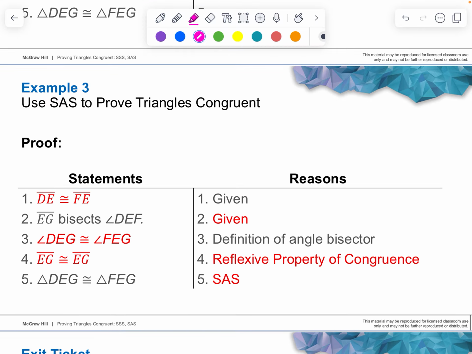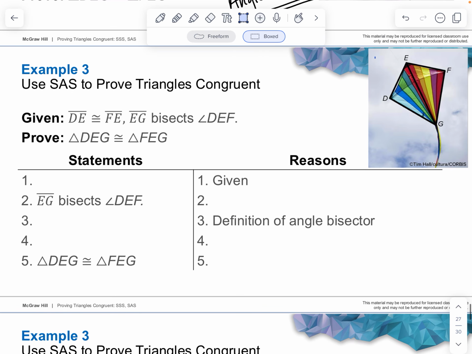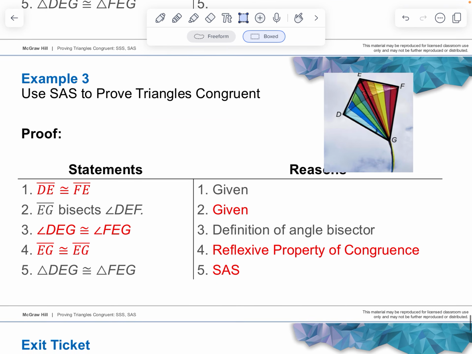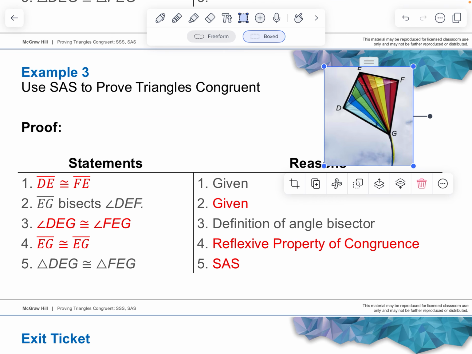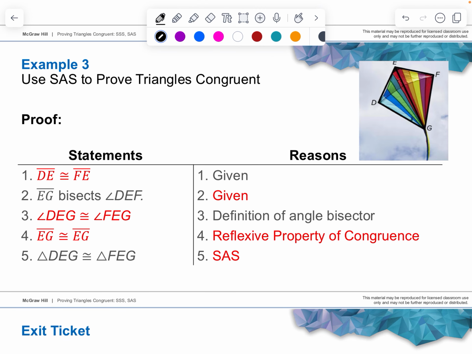Here it is. Okay, so DE equals FE. I'm going to go ahead and copy, bring this down, paste. There we go. Just like having my picture here. So DE equals FE, that was our given, and our other given was brought in.